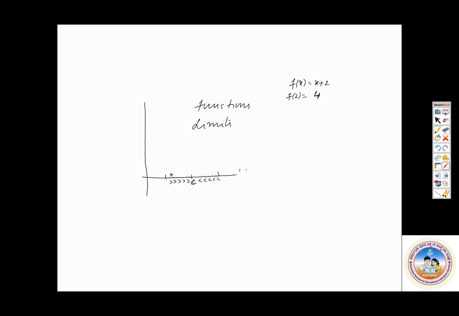Then the function, let us define any function, assume you have studied various functions.